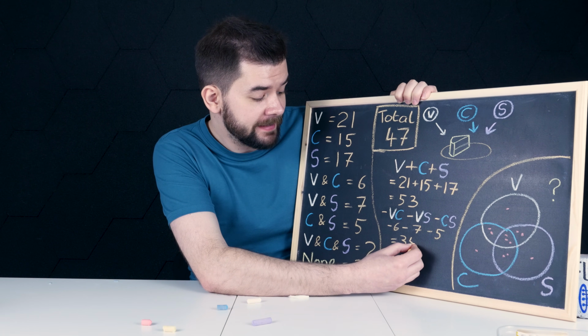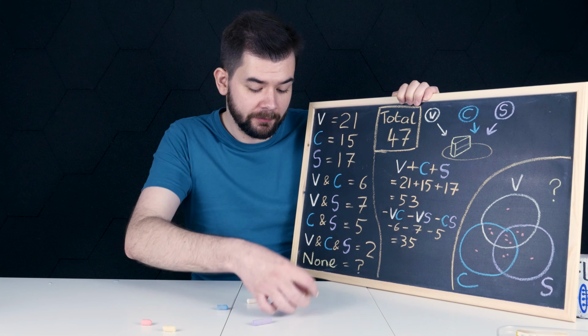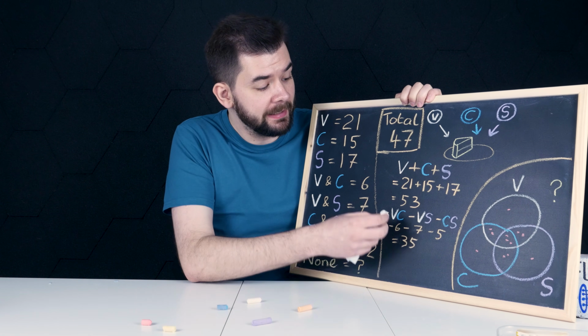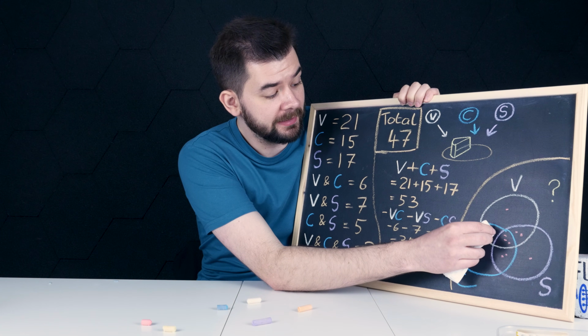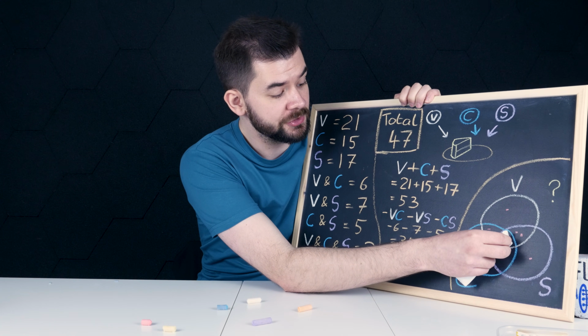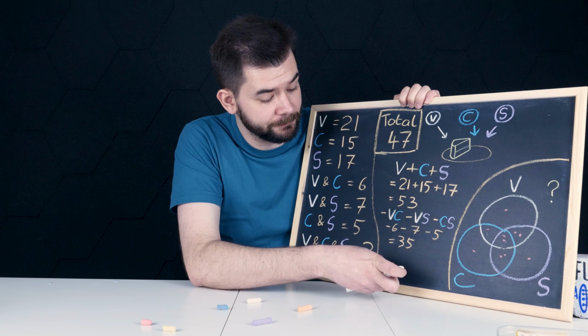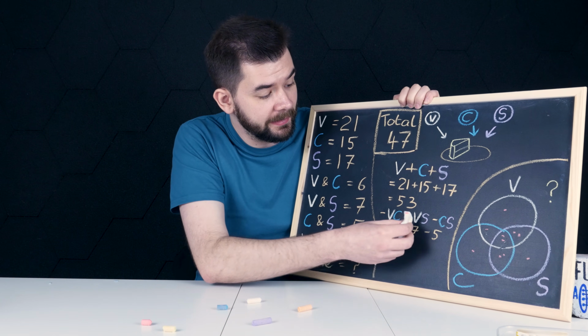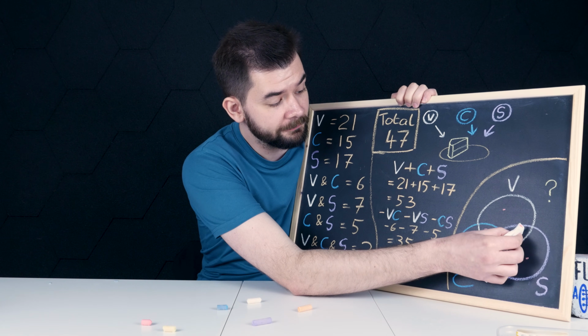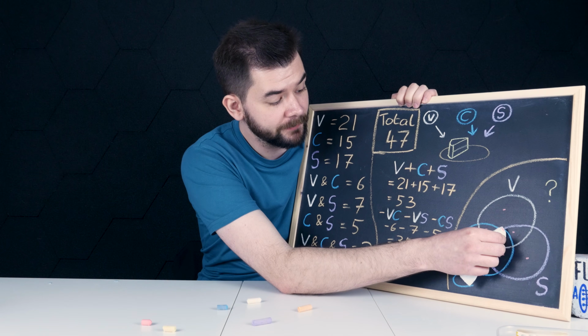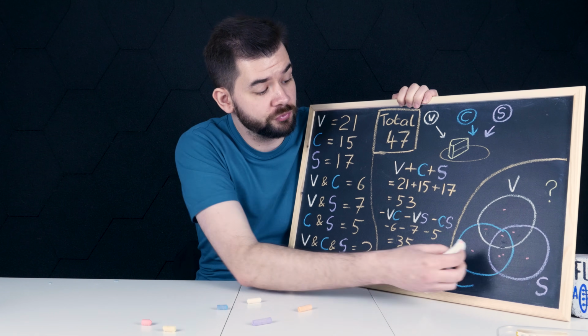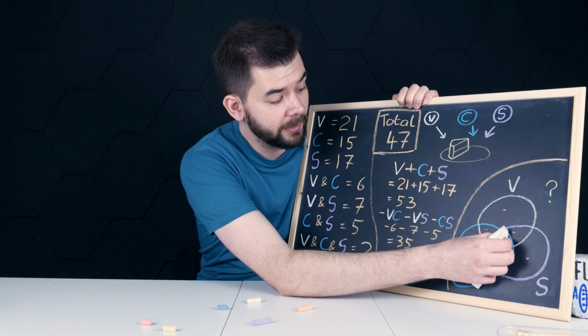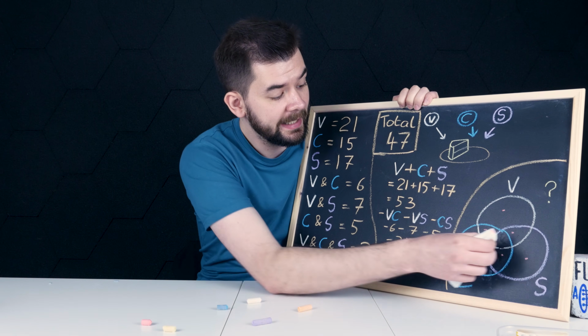But let's look at the Venn diagram to see what we've actually done. When we subtracted vanilla and chocolate, we subtracted 1 from this 2-way intersection. Then when we subtracted vanilla and strawberry, we subtracted 1 from this 2-way intersection. And then finally, we subtracted chocolate and strawberry, deleting 1 from this 2-way intersection here.